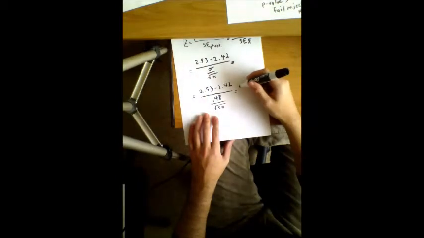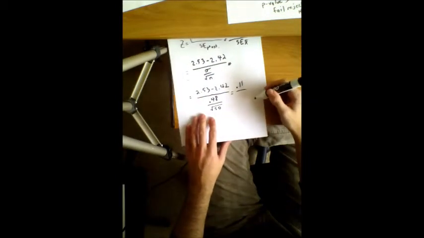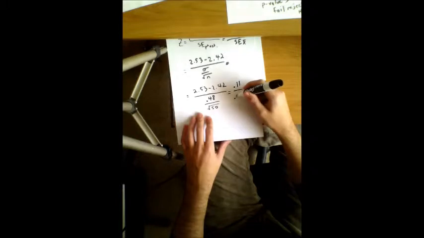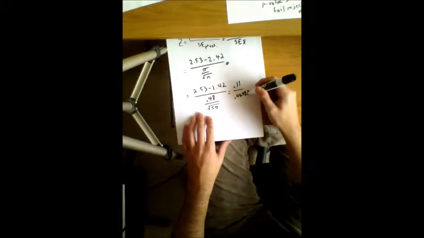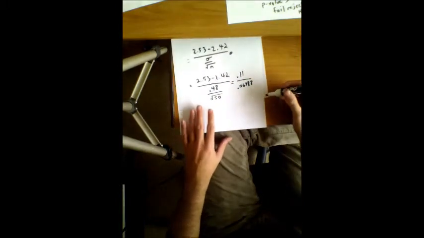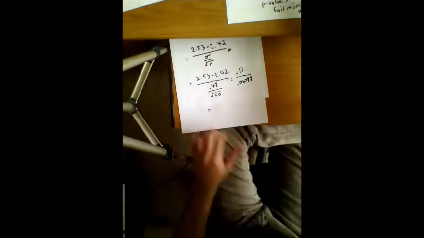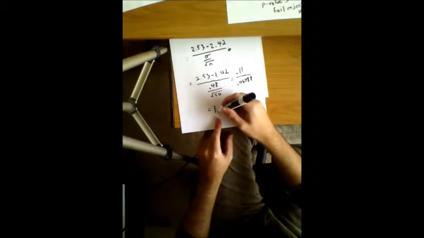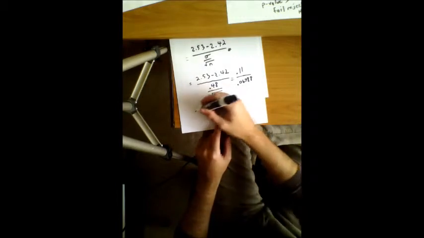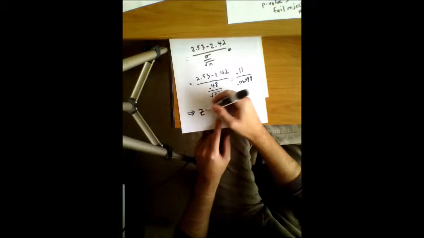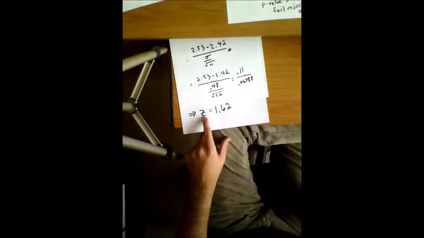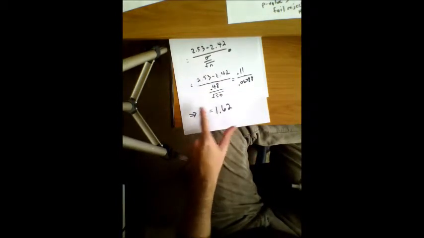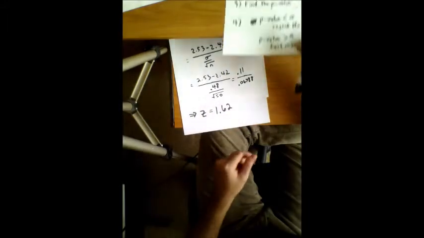If you do the top, you should come up with 0.11. If you do the bottom, you should come out with 0.06788, something along those lines. Dividing this out, we should get about 1.62. This is different from z star, right? So our z-score is 1.62.